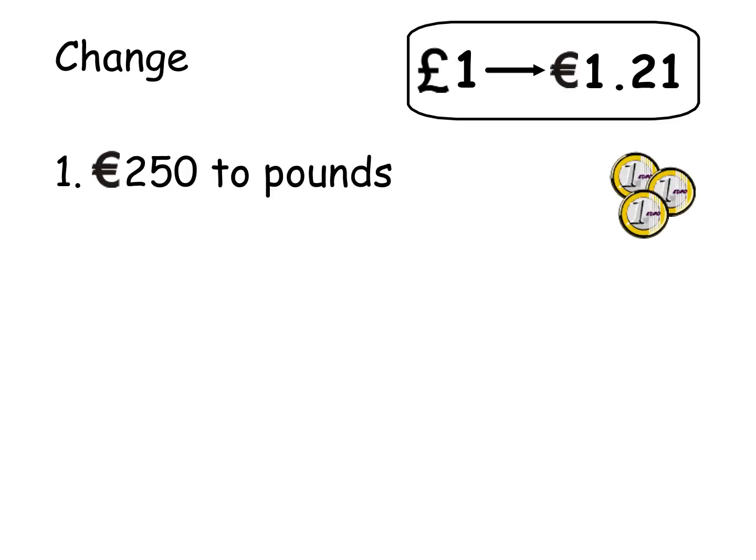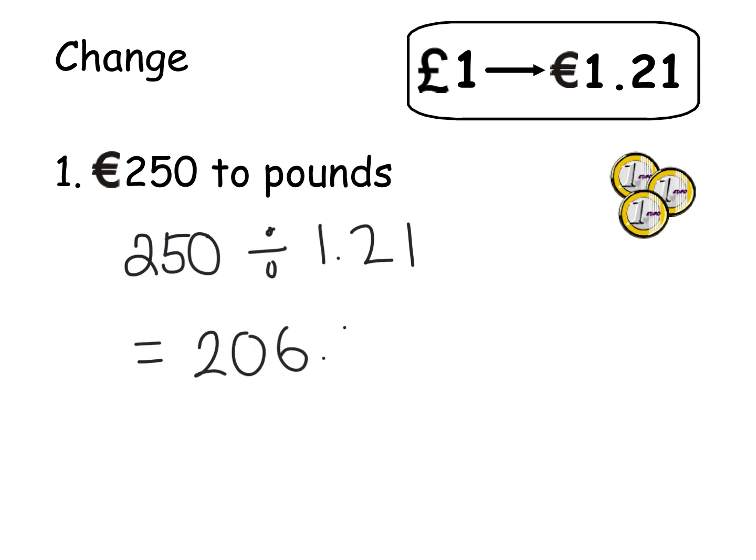Right, question 1. Using my previous exchange rate, a pound is 1.21 euros. We're going to turn 250 euros back. So you always start with the 250. You divide by the exchange rate. You go to your calculator and you get 206.61157, and so on. Now, money has to be rounded to 2 decimal places at all times.